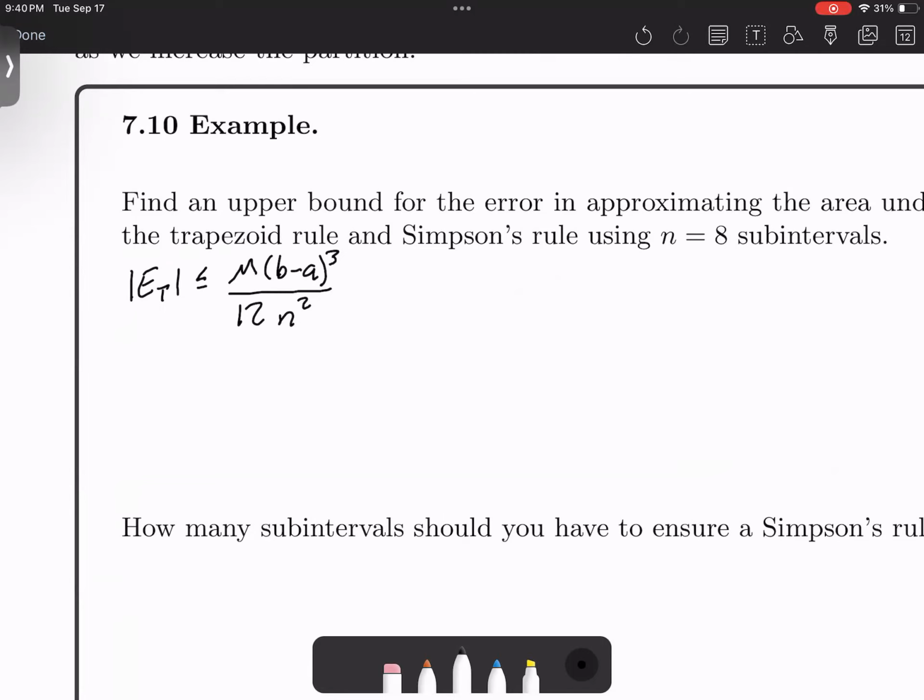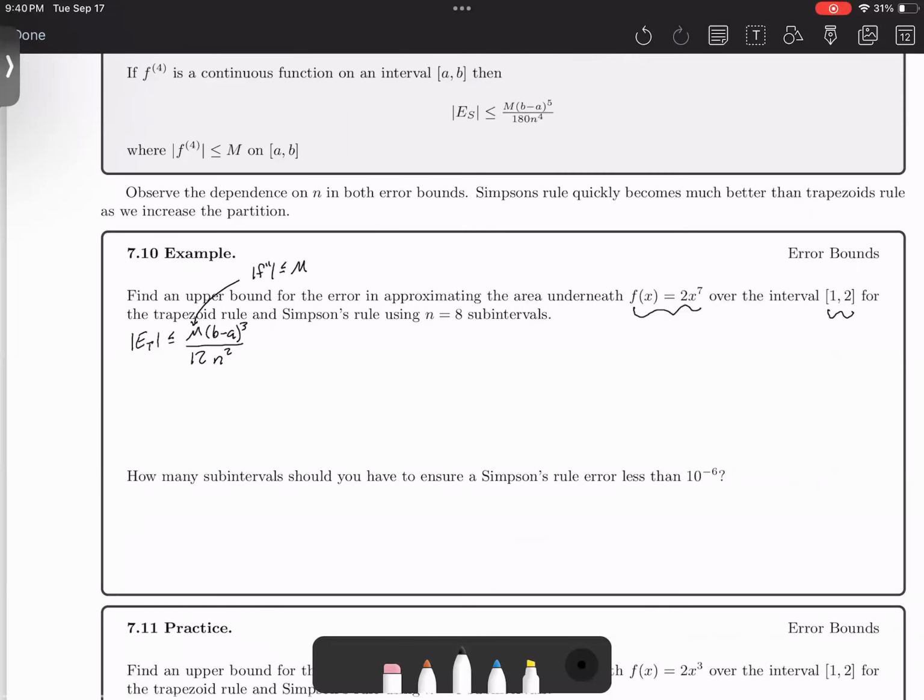It's your partition size. So let's talk about this M. That's the only thing here that's not well defined. This M is an upper bound for the magnitude of your second derivative. So you need to find a second derivative of your function and maximize it over this interval a to b. So let's do that now.